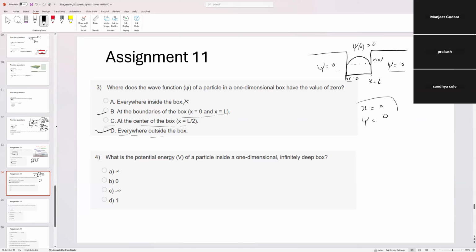So we put these two boundary conditions. We did the derivation. But outside it's also 0. But it's talking about the boundary conditions and the nodes. That's right. So B.